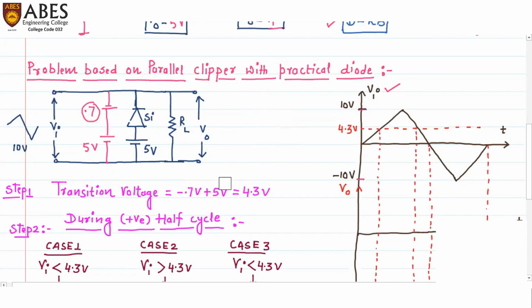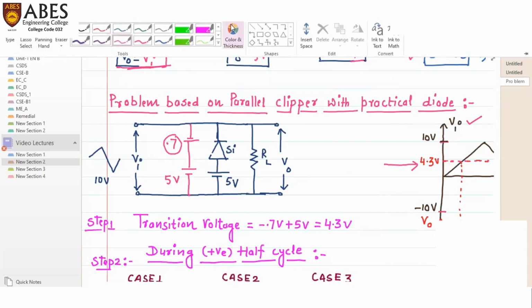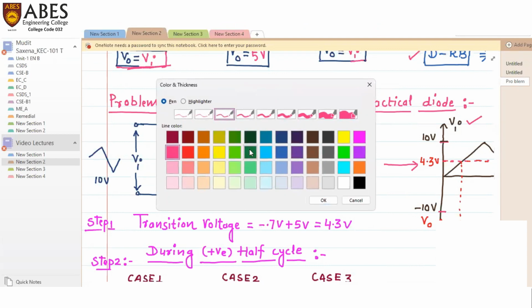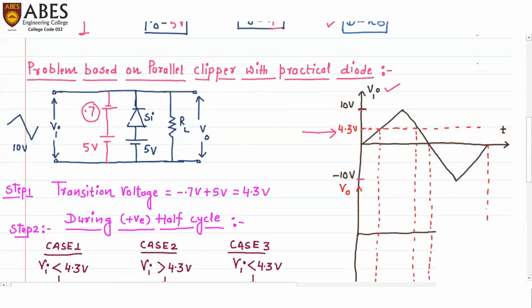Now we need to draw this transition voltage in the input waveform. Here you can see this red dotted line is the transition voltage, which has a magnitude of 4.3 volts. Let me change the color of the pen. Okay.